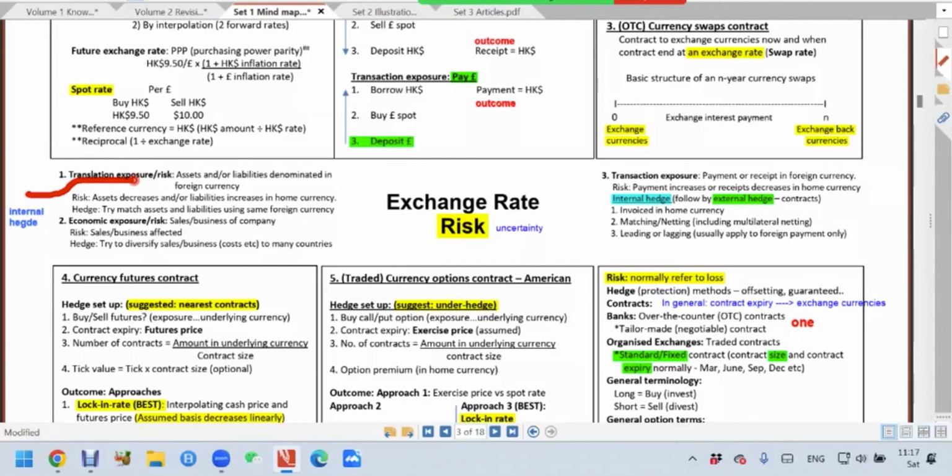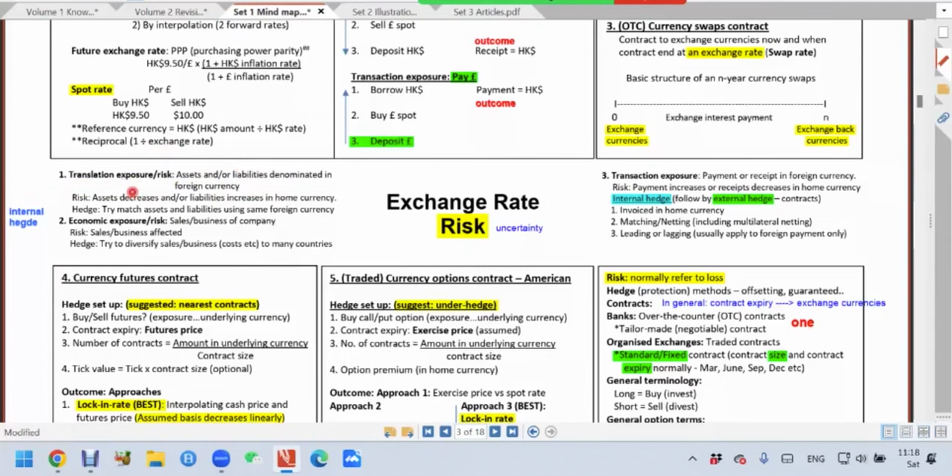So they have asset or liability in foreign currency. Then that company will have a translation exposure or translation risk.